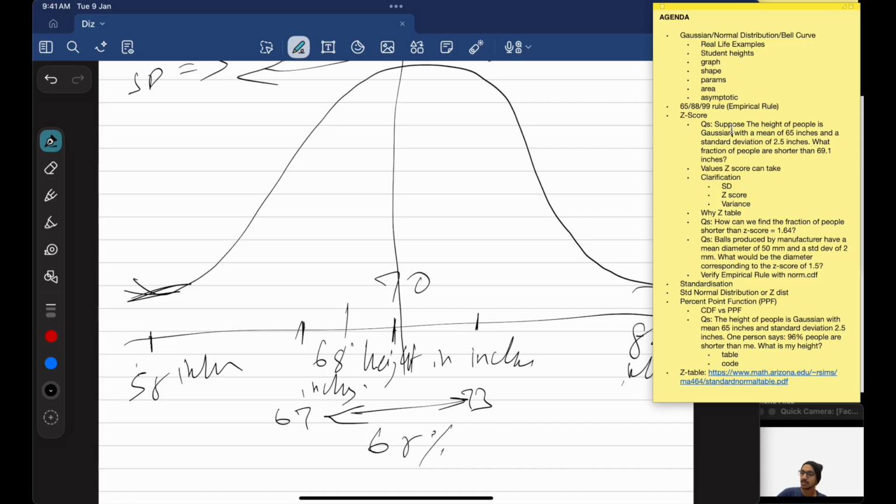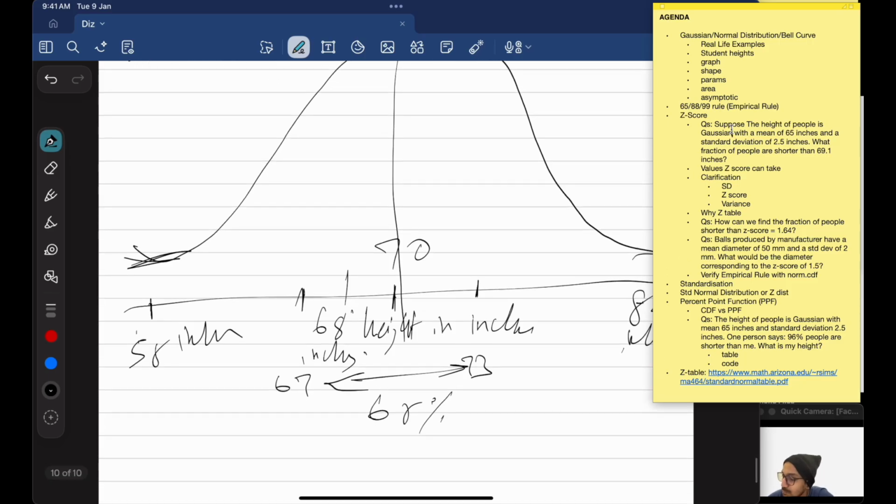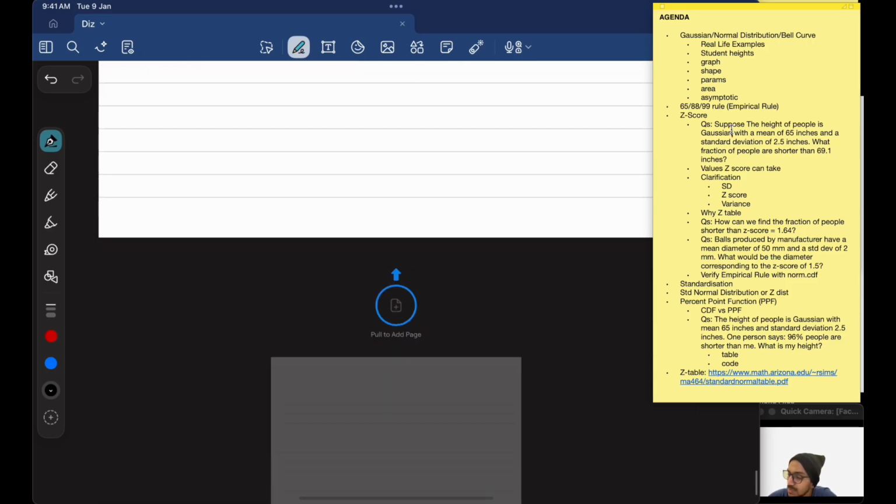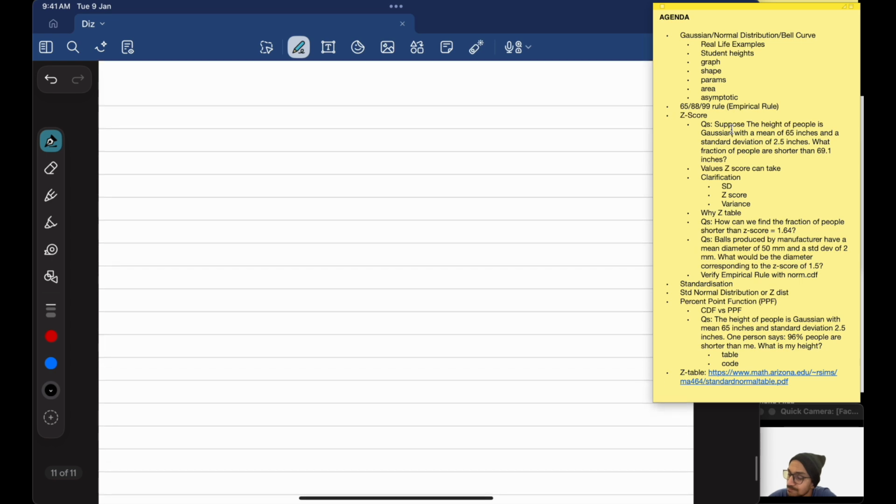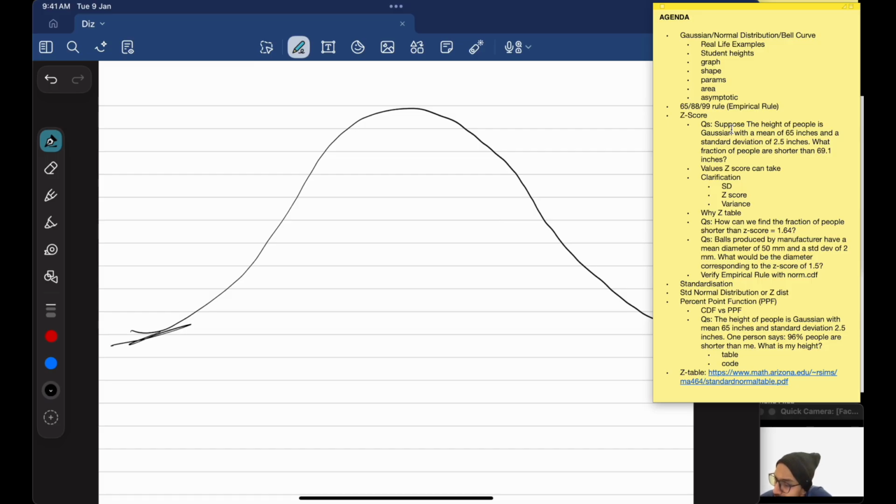Actually, let me not take 68. I think this will confuse you between the percentages and this one. So let me take some other example. I don't know what values blood pressure is in, but let's just say the median blood pressure is 400. I don't know if that's true or not, it's just random values.